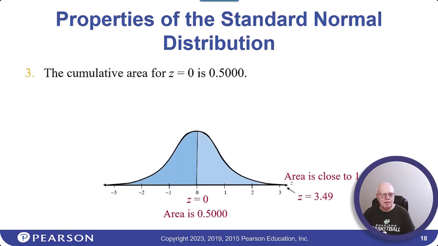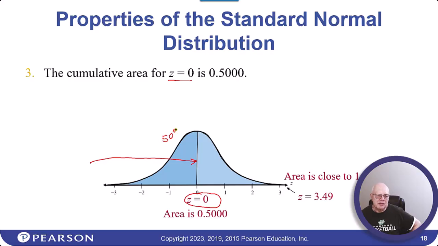Some tips. Cumulative area for z equals 0. Where is z equals 0? Right in the center at the mean. Now, what's the cumulative area? Well, that means what's all of the area until you get to that center point. Since it is symmetric, the right side and the left side have the same area. So this left side encompasses 50%, and the right side has 50%.